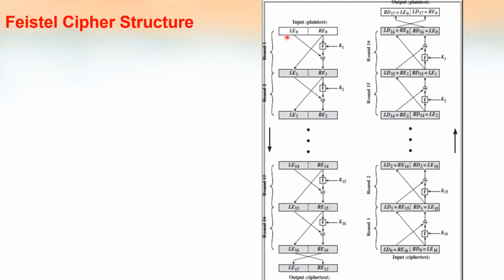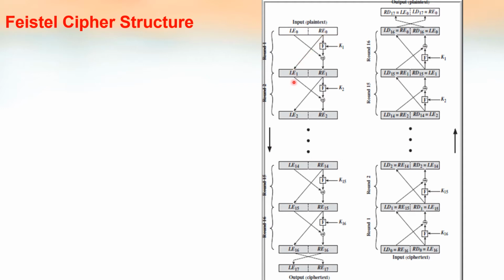The left half is also given to this XOR. The output of the function f and the left half go to the XOR, and that output becomes the right half for the next round. The left half for the next round is the right half of the previous round.